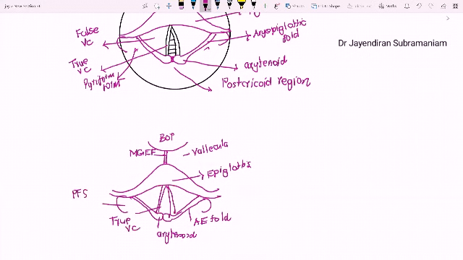Here we have the pyriform fossa on either side of the aryepiglottic fold, and behind the interarytenoid area we have the postcricoid region. So these are the structures we will see during indirect laryngoscopy.